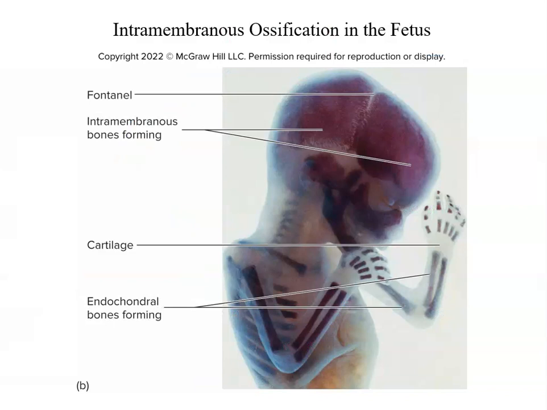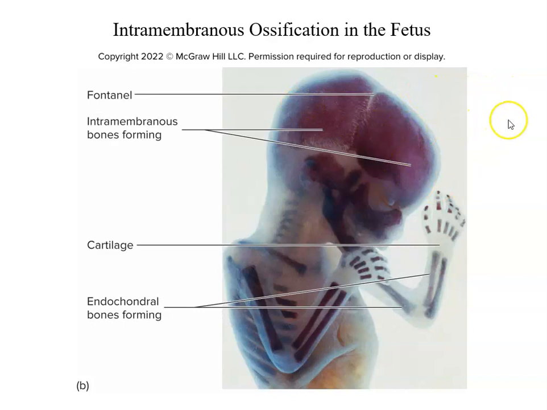This image shows these bones formed by intramembranous ossification, and then also the bones of the limbs and the torso that are formed by endochondral ossification, which we'll talk about in a moment. And note the fontanelles, or soft spots.